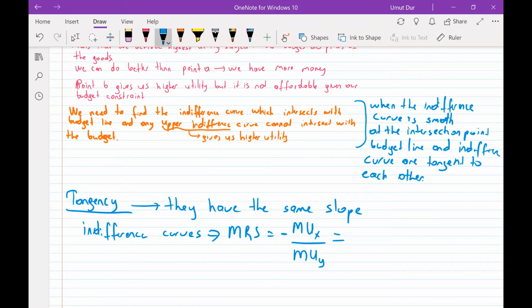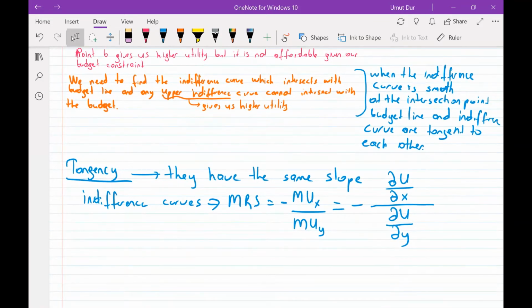If we write it better, it is minus the derivative of the utility function with respect to good x over the derivative of the utility function with respect to good y. So then what is the slope of the budget line?